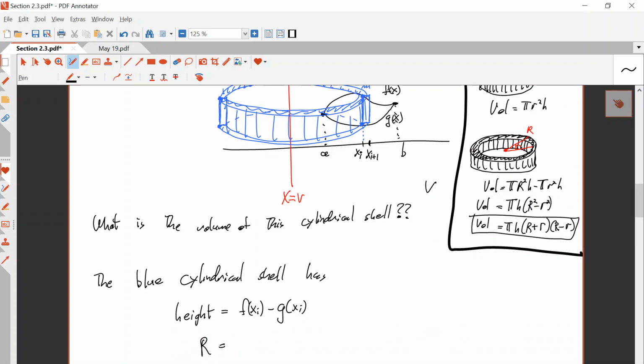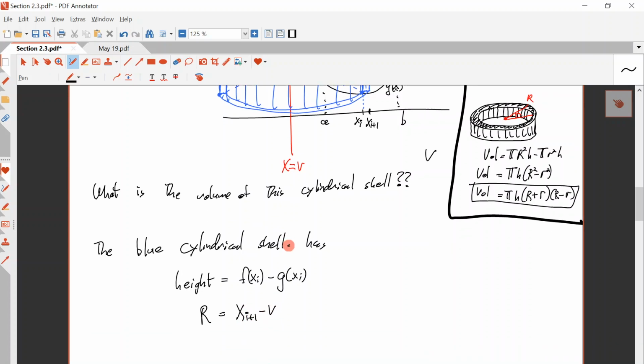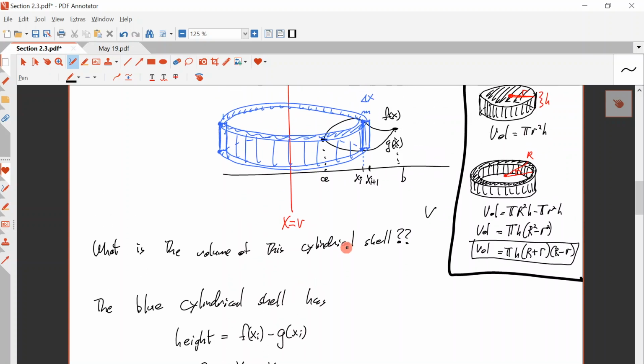The big radius is x_{i+1} minus v. And the little radius is the distance from here to the axis. It's this distance here. That's the little radius, and the big radius is right here.